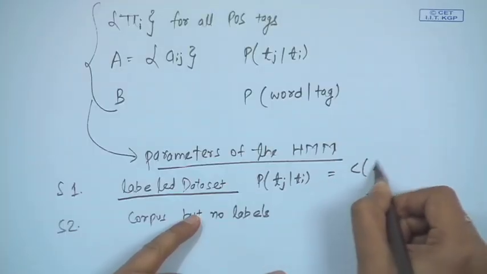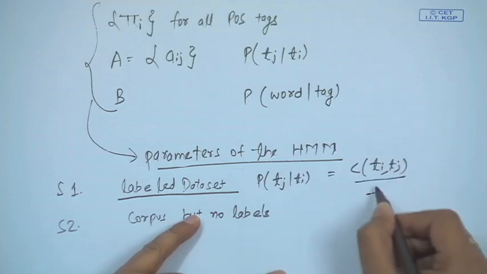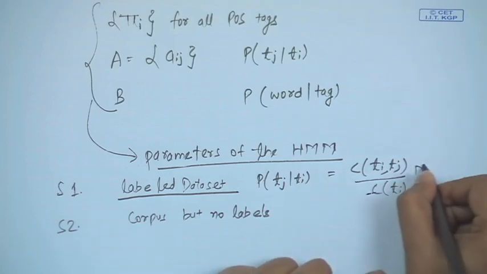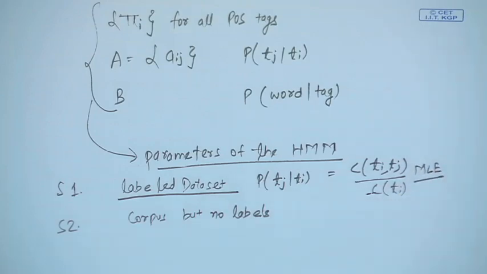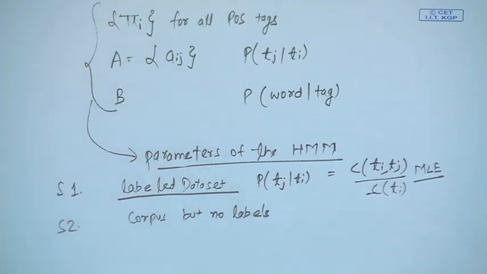From that you find the number of times Ti and Tj occur together, divided by the number of times only Ti occurs. This is what we called the maximum likelihood estimate. The same applies to all the other probabilities, pi_i as well as B, which you can find using maximum likelihood estimate.